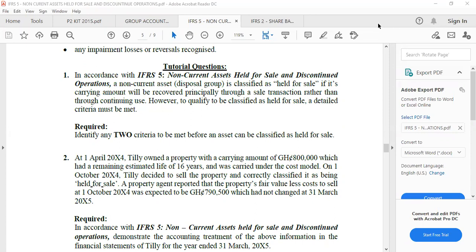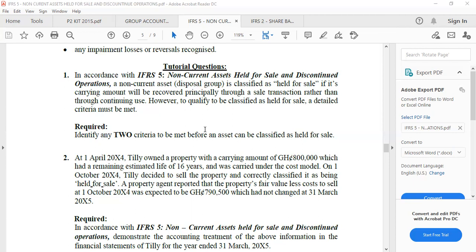On 1st October 20x4, Tilly decided to sell the property and correctly classified it as being held for sale. A property agent reported that the property's fair value less cost to sell at 1st October 20x4 was expected to be 790,500, which had not changed at 31st March 20x5.